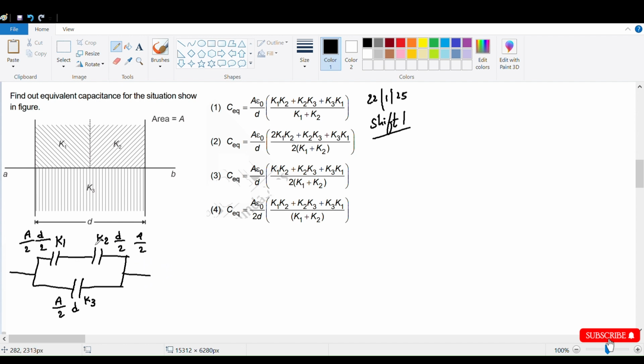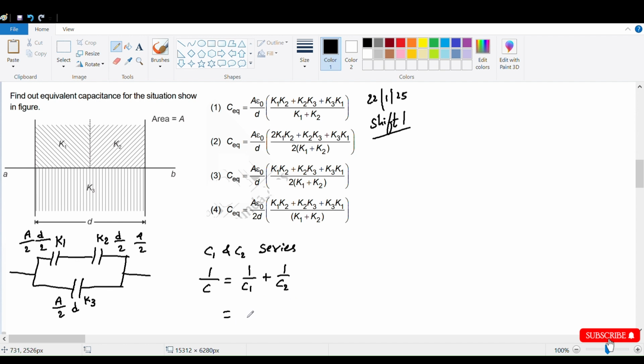First, these two capacitors C1 and C2 are in series. The series formula is 1 by C equivalent is equal to 1 by C1 plus 1 by C2.